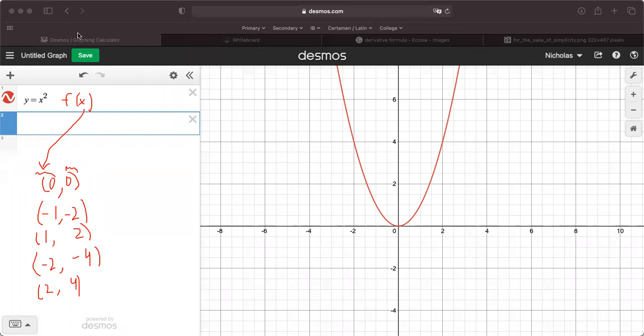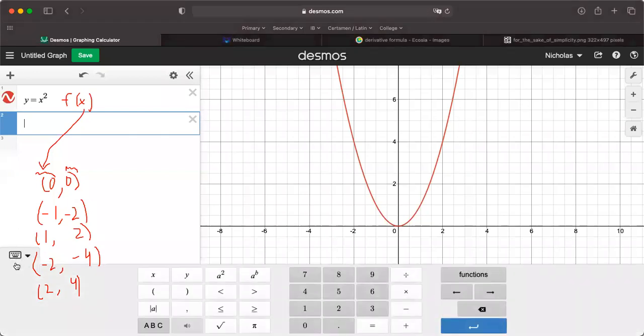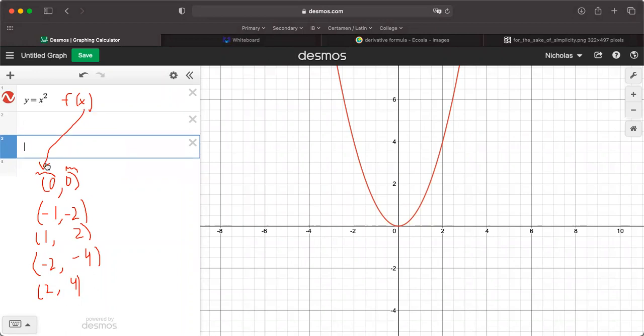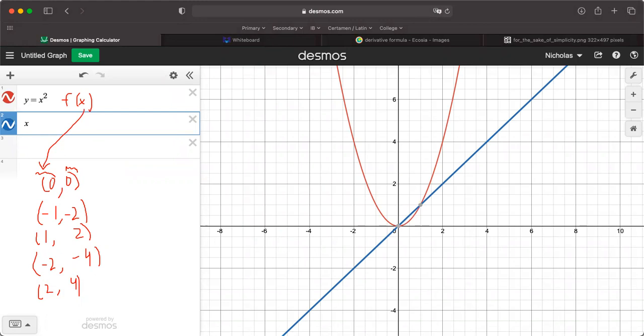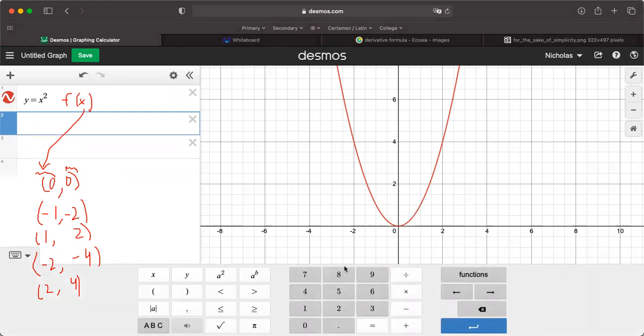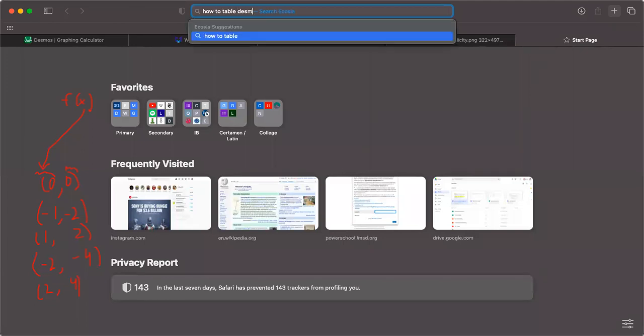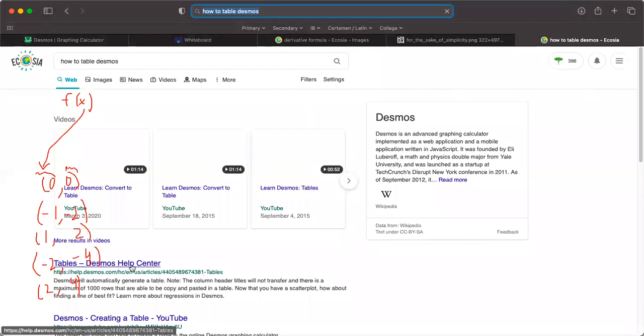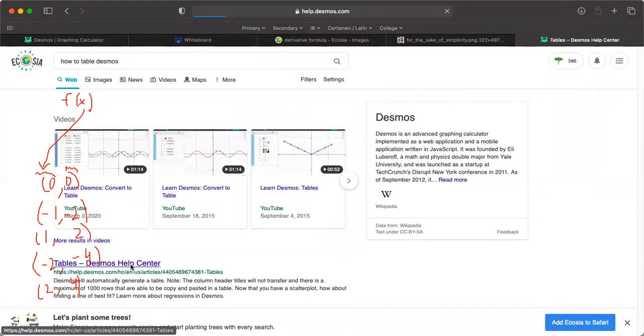So if we write this out, this is where the table function is very helpful, in Desmos. Let's see. Oh, okay.